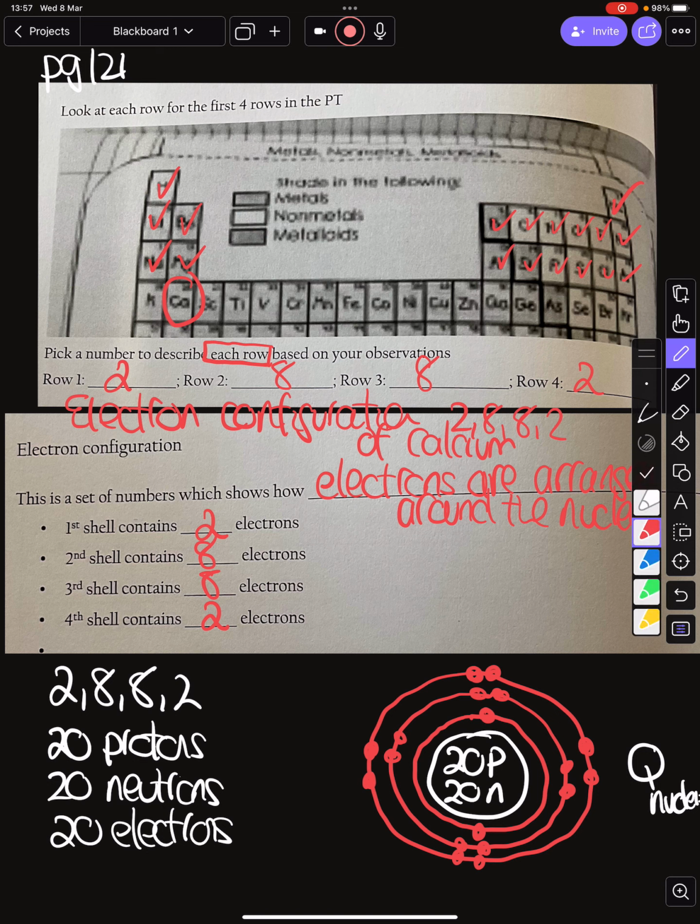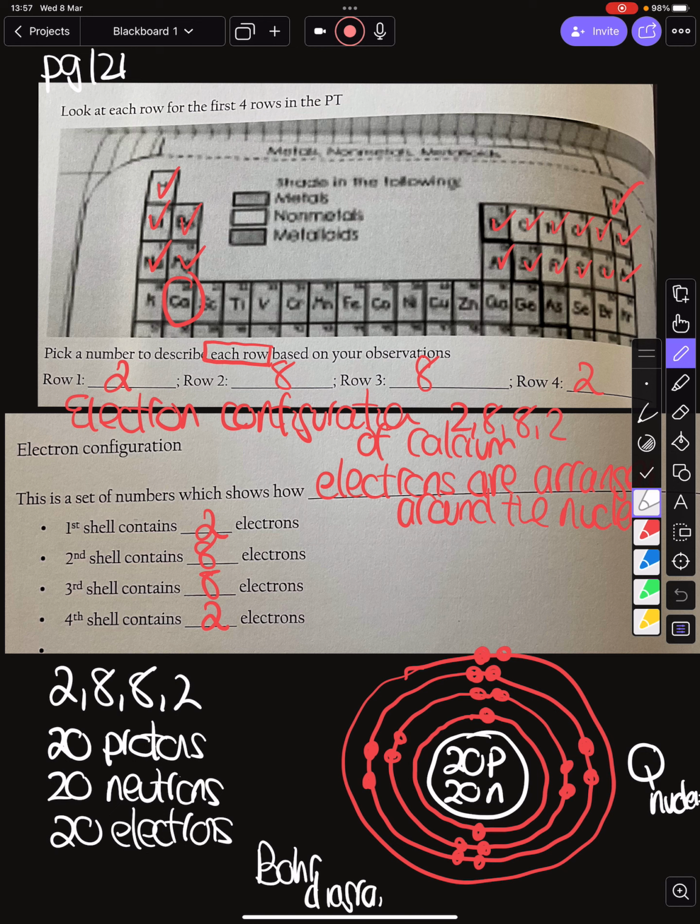Now, if you notice, I'm pairing the electrons all the time, and the reason you do that is it makes it much easier to count. So this is what's called a Bohr diagram, and any chemist that looks at this would know straight away that this is a Bohr diagram for calcium.